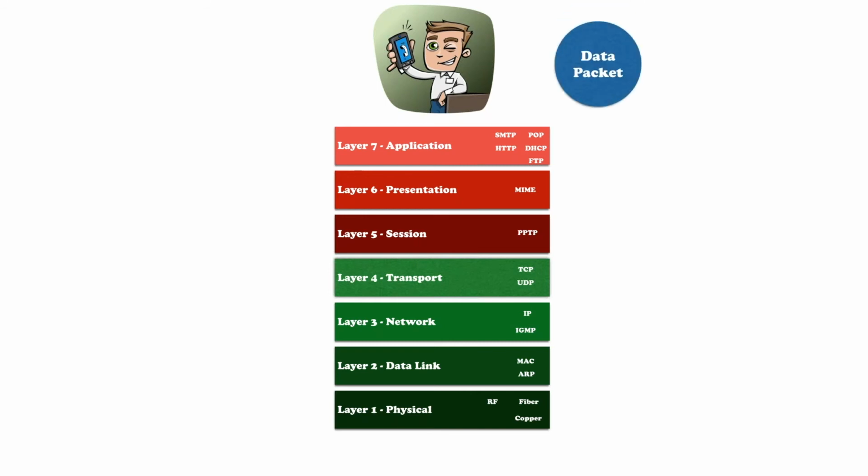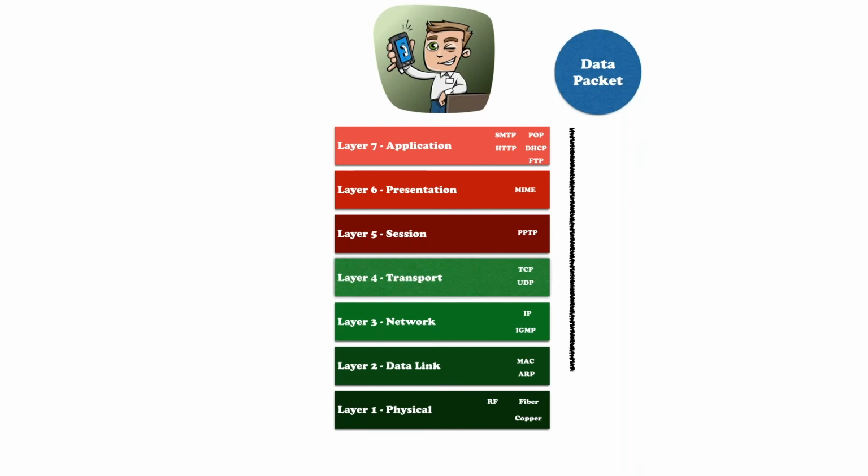So first thing we need to do is introduce the data packet. There he is, and that data packet has come from you in your application at the top of the tree there. Now again, during the one-day training, we will spend more time discussing what these layers mean, but for now, let's just take a look at the overview. How does that data packet get from one host to the next?